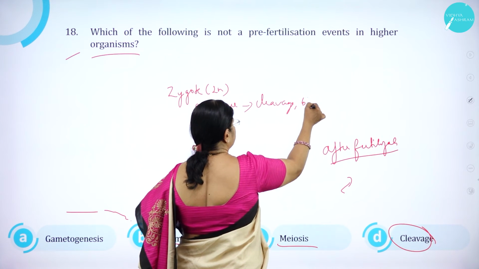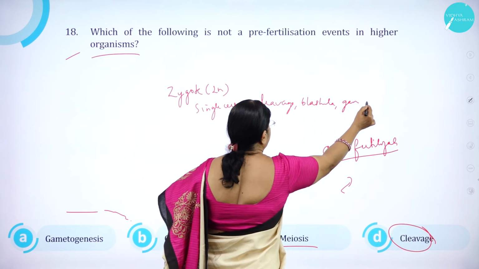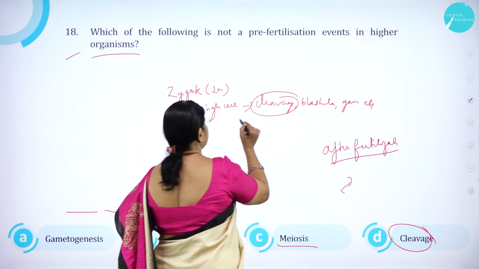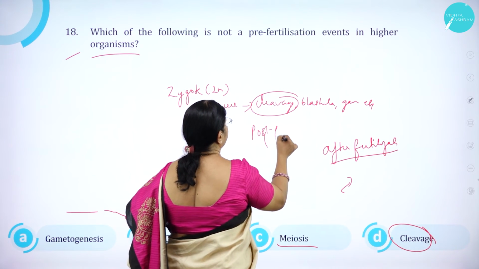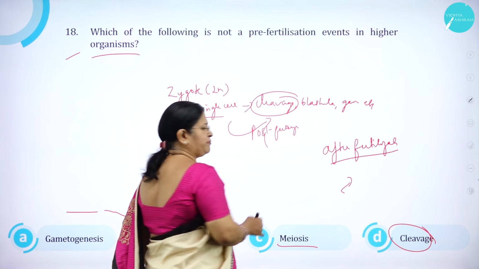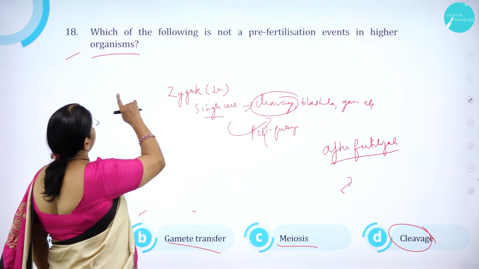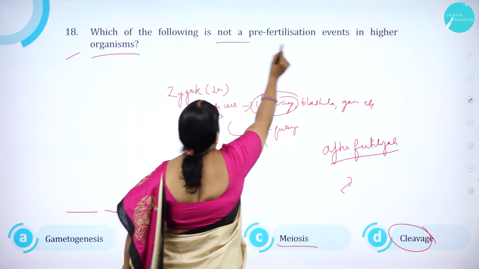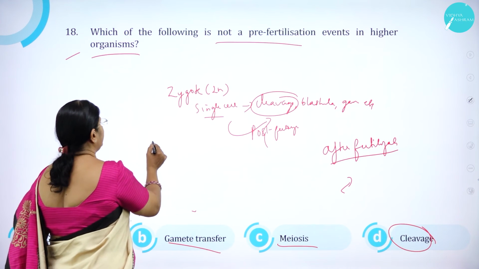Cleavage, blastula, then gastrula, and so on. So cleavage is a post-fertilization event. The remaining three are pre-fertilization. So the answer is D, cleavage.